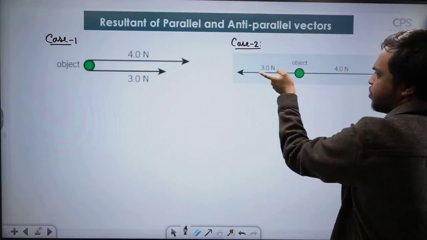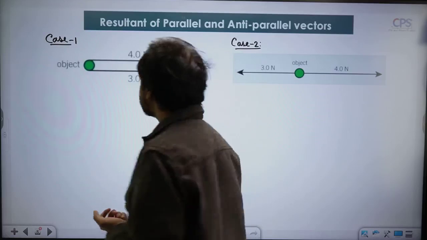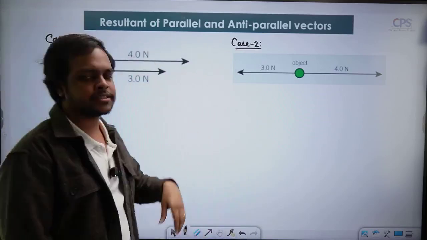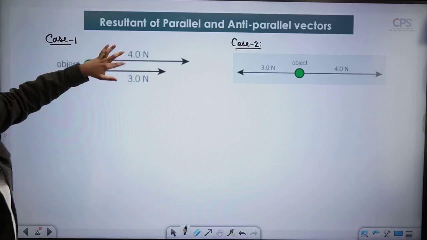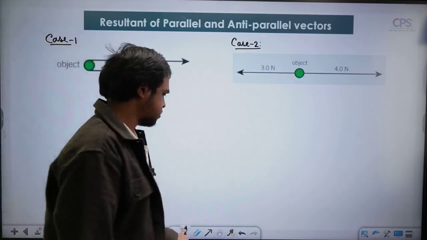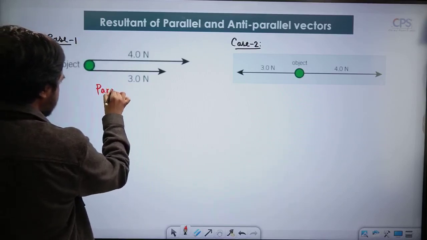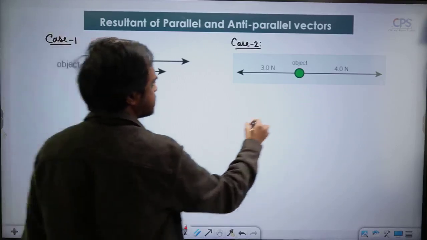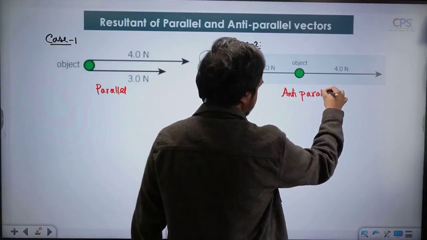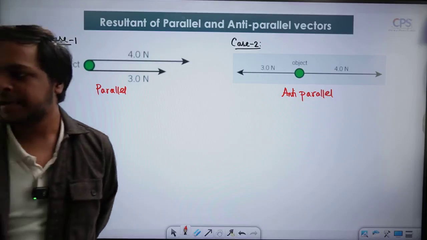See, 4 Newton and 3 Newton. Okay, but there is a but. These two are different in the direction of the forces. Here these are in parallel direction, but here this is anti-parallel direction, right? So this is parallel, and this is anti-parallel. Okay, parallel and anti-parallel directions.